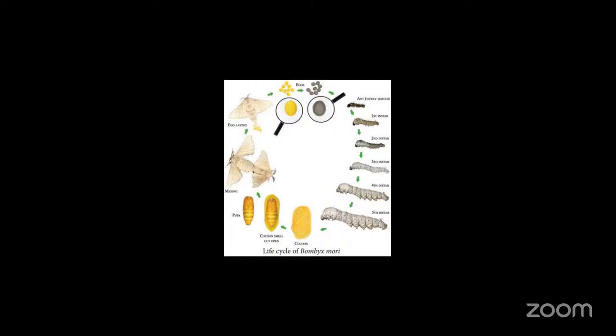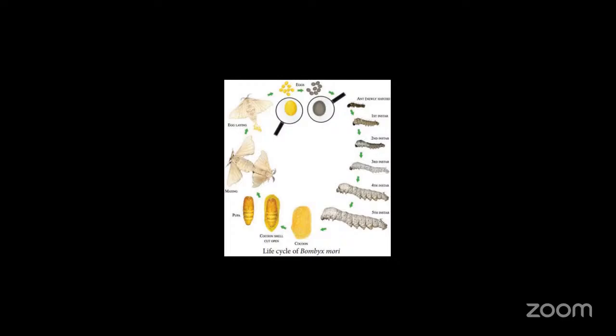After the fifth instar, it converts into a pupa, which does not take any food. After the pupa stage, after 1 week to 10 days, it emerges as an adult. This is the simplified life cycle.